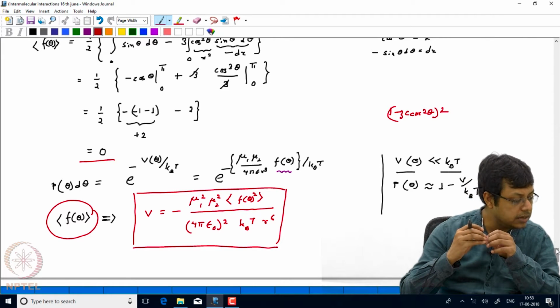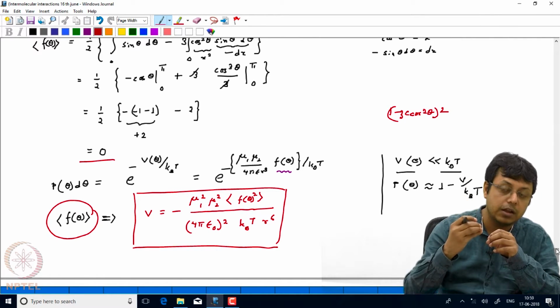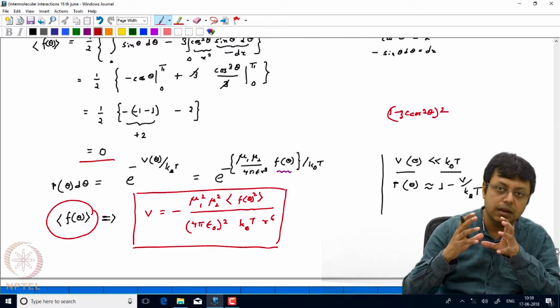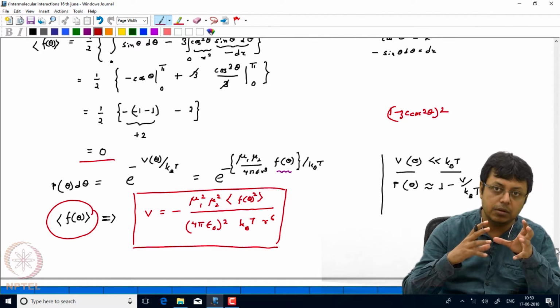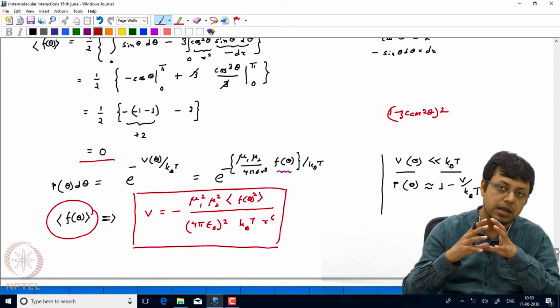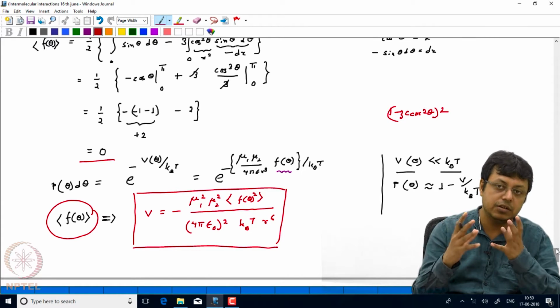The reason is that there are two 1 over r cube kind of potentials. One comes from the dipole-dipole interaction, and the second comes inherently from the averaging of the effect.